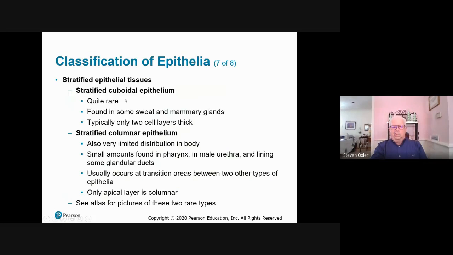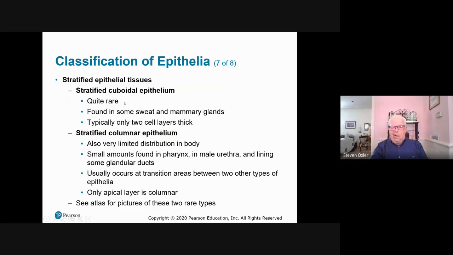Stratified cuboidal is quite rare. It really only occurs in your mammary glands. Stratified columnar is also limited, and basically it's in the back of your throat, in your pharynx, and in the male urethra.